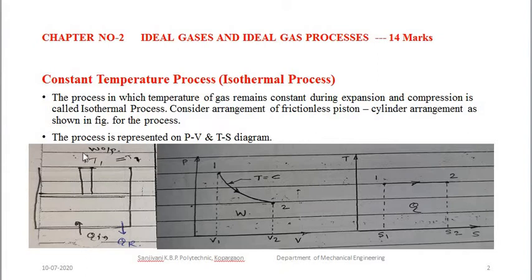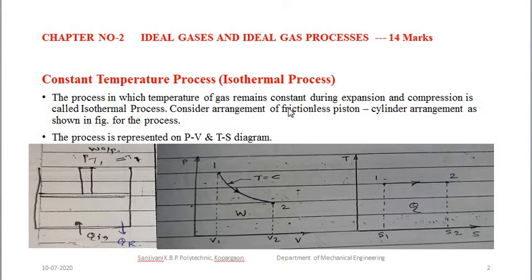Now, on the slide we can see the definition of the process. The process in which the temperature of the gas remains constant during expansion and compression is called the isothermal process. Consider a frictionless piston cylinder arrangement as shown in the figure for this process. Whenever we are dealing with ideal processes, the conditions in which they are carried out are the ideal conditions.